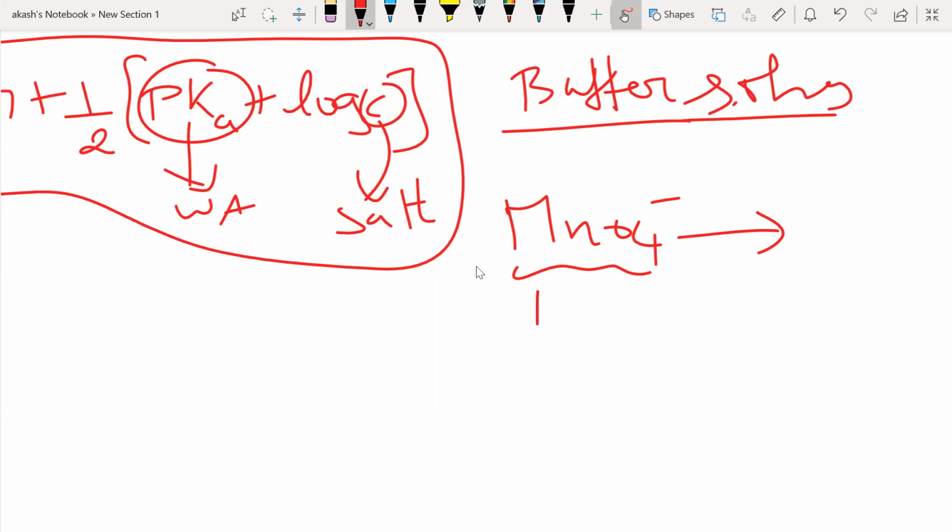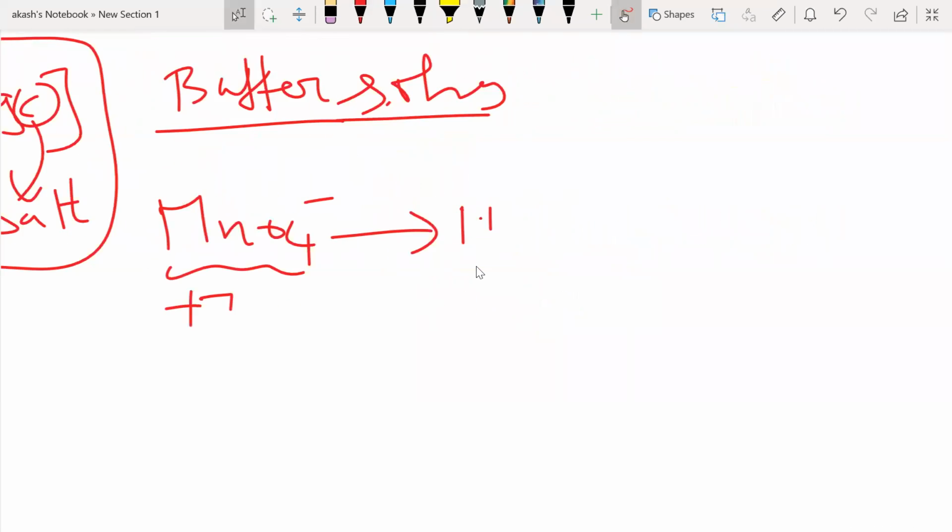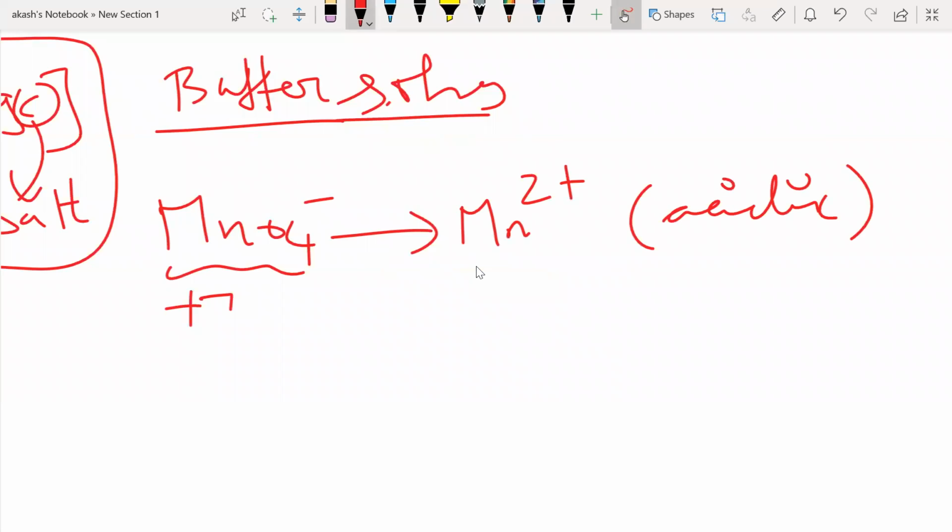You know how it happens, you calculate it through the oxidation numbers. It is +7 here, and if it is an acidic medium, it is going to form Mn2 plus. Now the oxidation number will be +2.